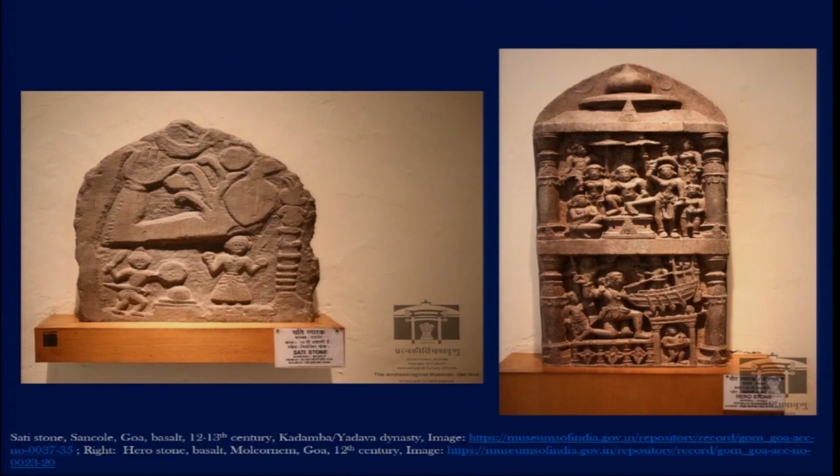So you can see that both of these images were perhaps made in a similar region in the Goa area. Both of them utilized basalt stone, and the compositional arrangement and the shape of the stone and everything have so many similarities. But when it comes to the execution, that is drastically different.